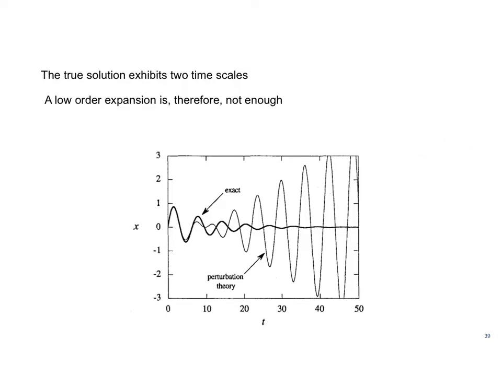Maybe some of you may think that we need to expand to a second or a third order to have a better agreement with the analytical solution, and this is actually a sort of correct answer, because if you increase the number of terms in the expansion, so epsilon order 2, epsilon order 3, and so on, you will be able to cover more and more.